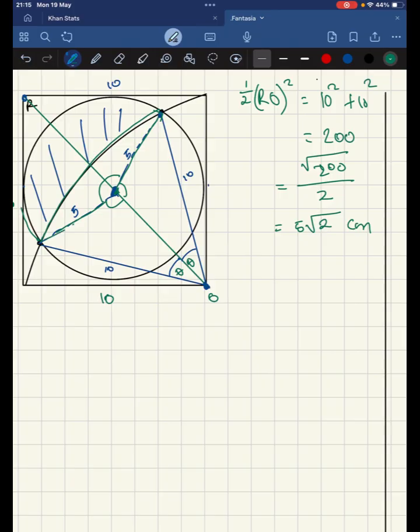Okay, so we can calculate this sector here, and that would be this.